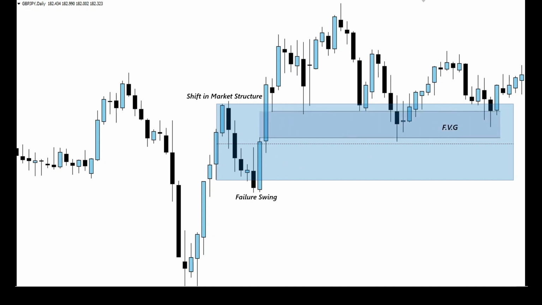So the extent to which price will go before reversing after entering into the mitigation block is determined by pairing it with another PD array. And the fair value gap is a very good pair for the mitigation block.